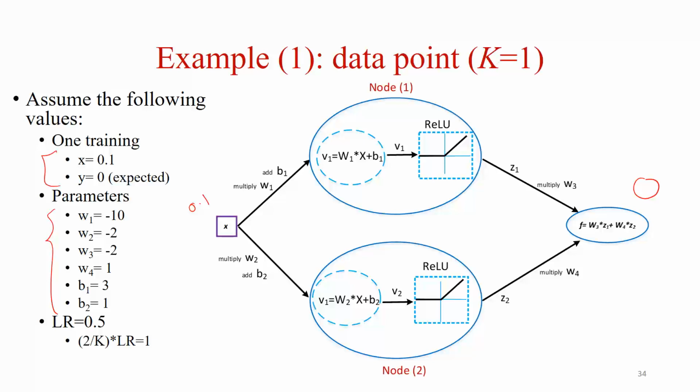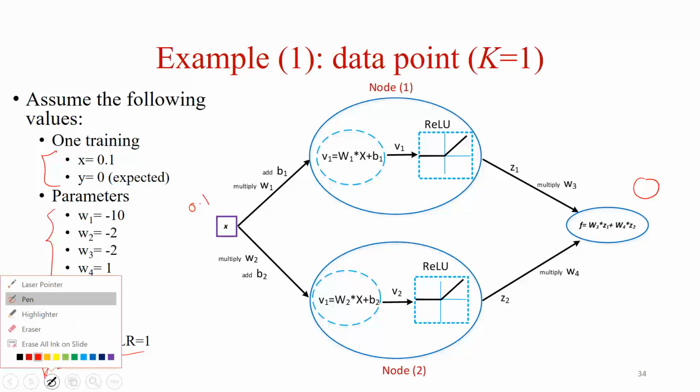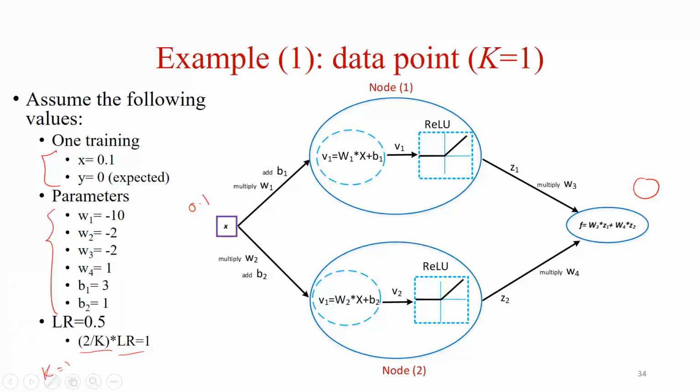That's basically my training data. I'm going to assume the learning rate to be 0.5, and so learning rate times 2 over k, where k equals 1 because I have one input pattern, is equal to 1. This is to show you that I'm going to put aside this 2 over k plus learning rate for now, so we can derive the intermediate expressions in an easy way.